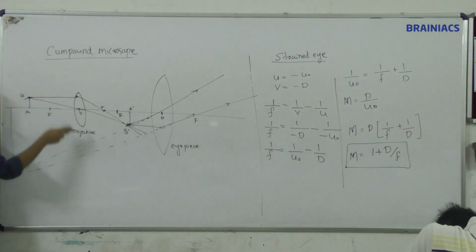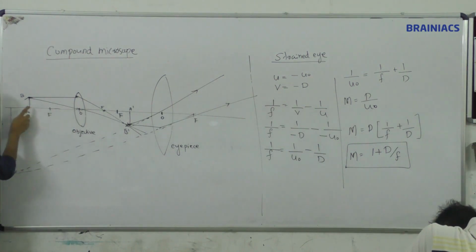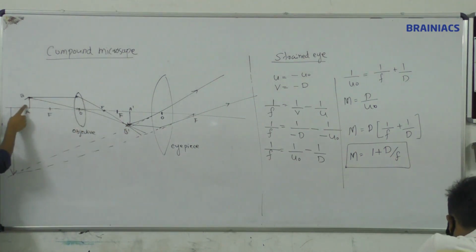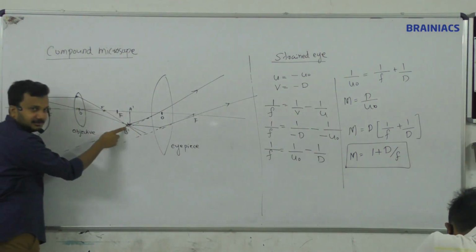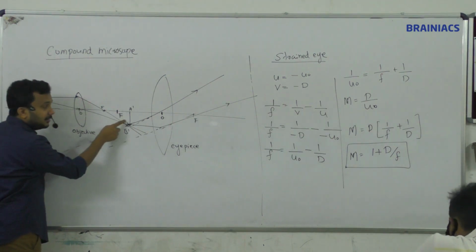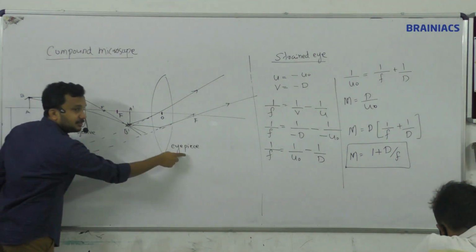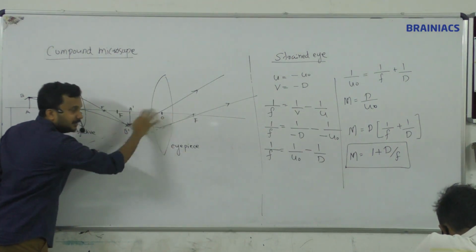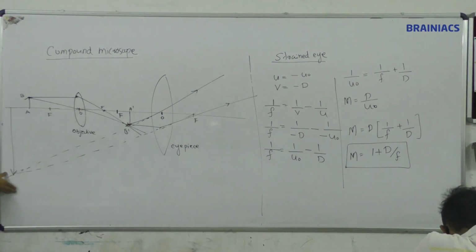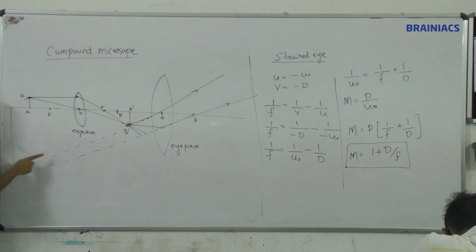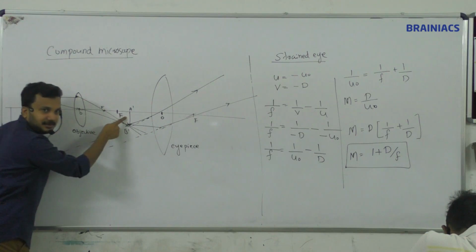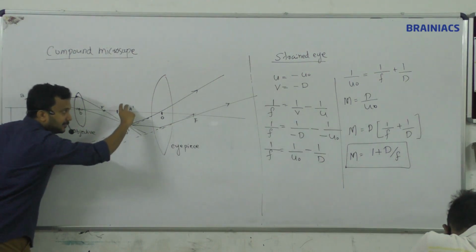Here, A dash B dash from AB is inverted, and it falls between the focus and optical center of the eyepiece lens, and this structure is a simple microscope. This creates an image here, and for the eyepiece lens, the object is this one, right? The image A dash B dash is the object for the eyepiece lens.